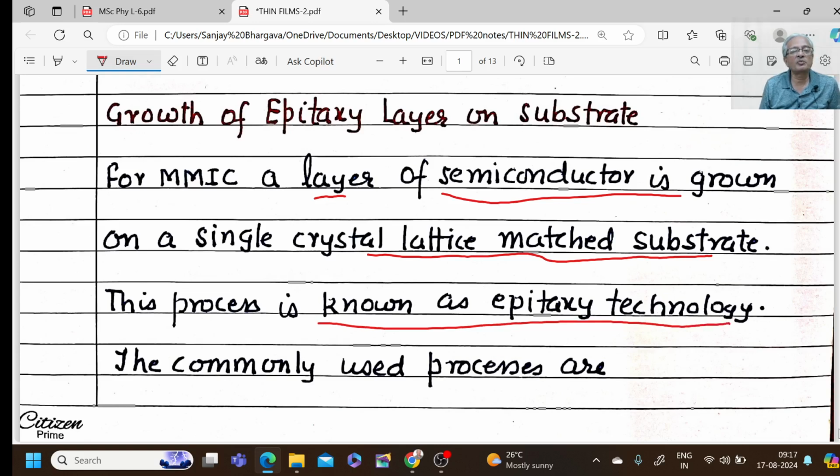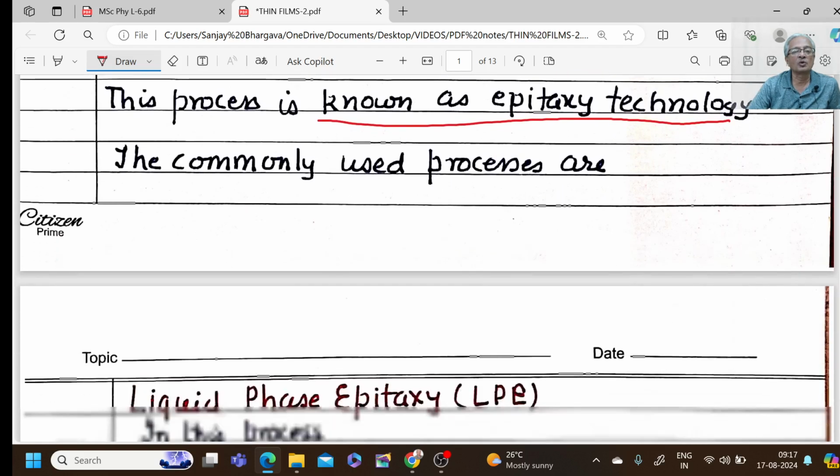The various common processes that we use are vapor phase epitaxy, liquid phase epitaxy and molecular beam epitaxy, as already communicated to you. So here the major requirement is that we grow a semiconductor on a single crystal lattice matched substrate. This is the major requirement of epitaxial growth.